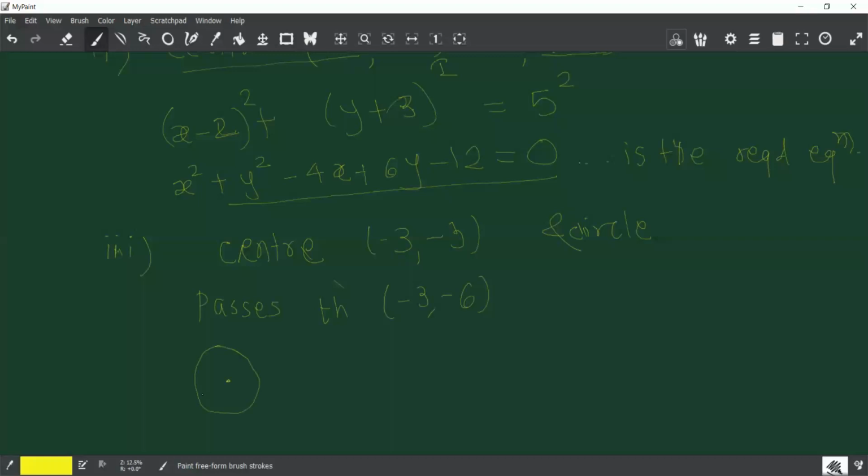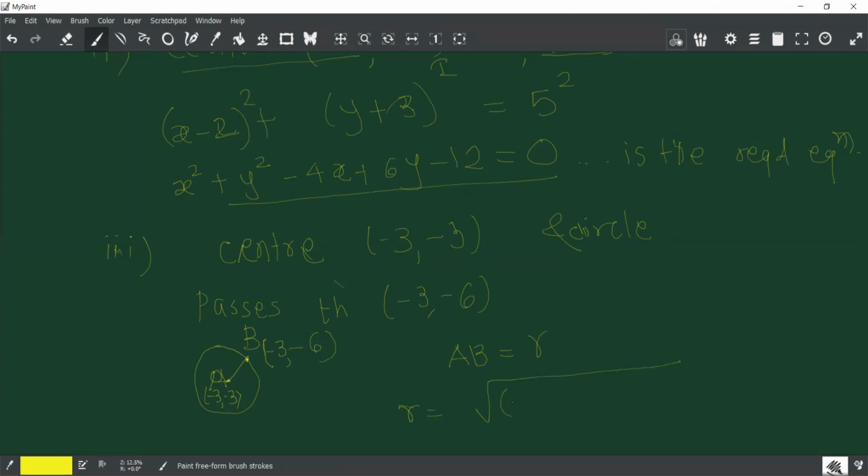So distance AB, if I use distance formula, will give me my radius. अपने को क्या चाहिए? सेंटर चाहिए ना, रेडियस चाहिए. सेंटर आई हैव ऑलरेडी गॉट. सो रेडियस निकाल दो. x2 minus x1 the whole square.